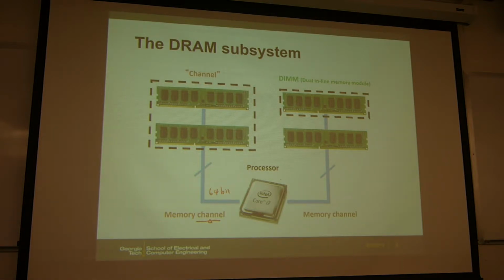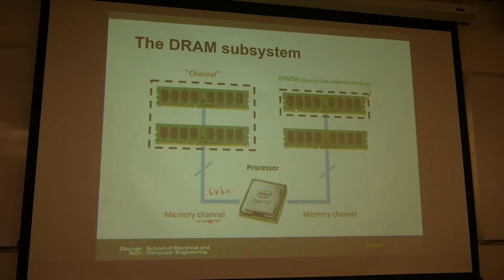This channel can talk to multiple of these circuit boards, which we call a DIMM, which I just passed around. This is called the dual inline memory module, DIMM. It is one circuit board you can insert into the motherboard, and multiple DIMMs can share one data bus, that means share this channel. So for example, in this figure, we have 2 channels, and each channel has 2 DIMMs.